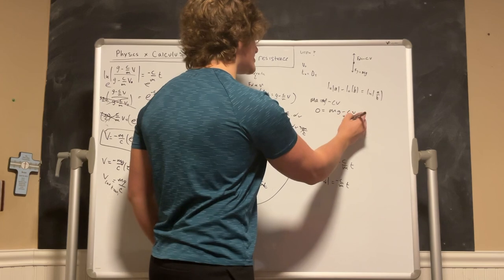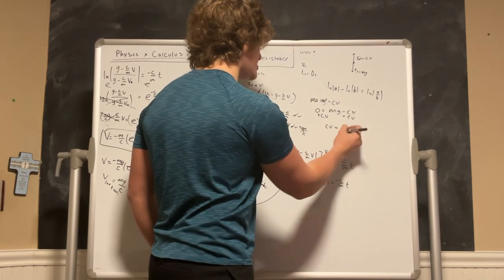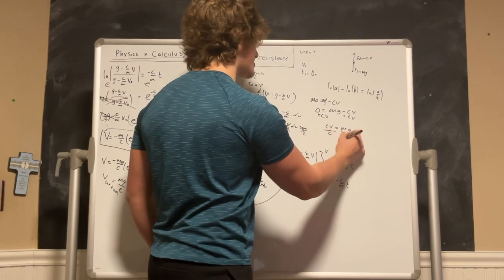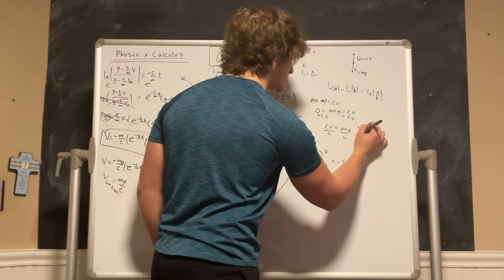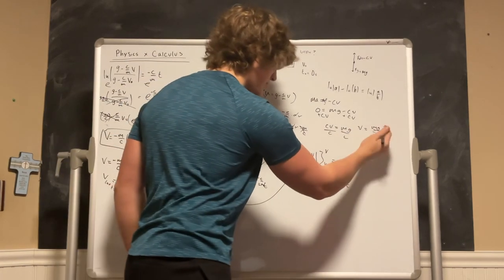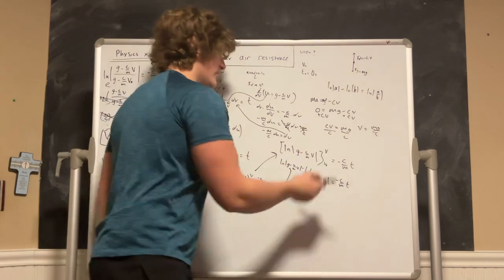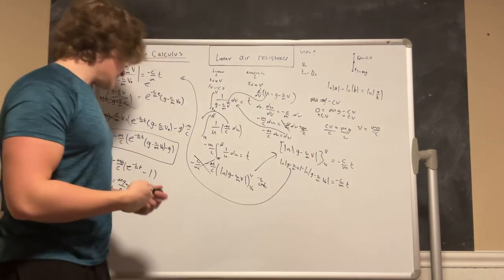Now add cv to both sides, and we get cv is equal to mg. Now let's divide both sides by c, and we get that our max velocity is equal to mg divided by c. And as you can see, that is what we get here as well. So this helps to prove our answer correct.